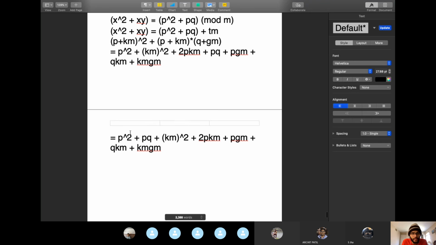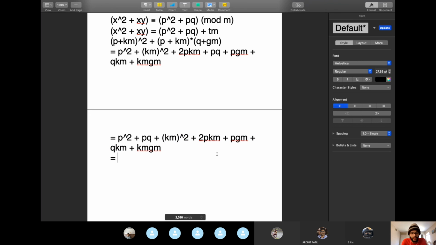Okay. I wrote p squared, pq. These two things are exactly the same. I have just rearranged the terms to make it simpler. So p squared, which was here, pq was also here, and then (km) squared, 2pkm, pgm, qkm, kmgm, all these guys together. Now I know that all of these guys are multiples of m because in each of them we are multiplying by m.